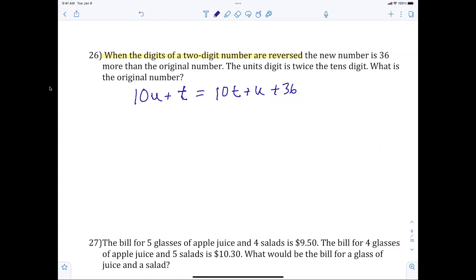Now it says the other equation is what? The units digit is twice the tens digit. So how do I write that? u equals 2t.